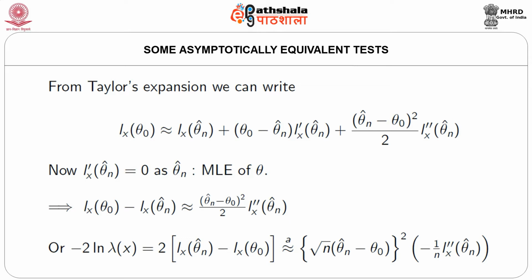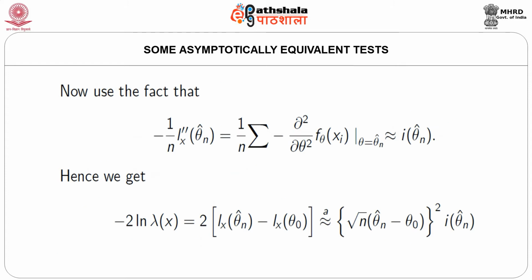Or we can say that minus 2 times log of lambda(x), which is equal to twice (small l_x(theta_n hat) minus small l_x(theta naught)), is asymptotically equivalent to root n times (theta_n hat minus theta naught) whole square times minus 1 by n into small l_x double prime(theta_n hat).